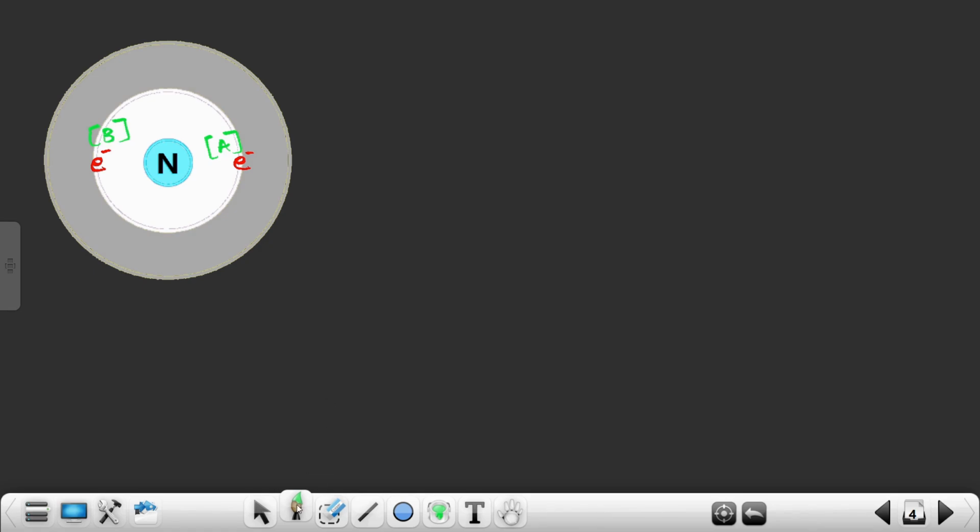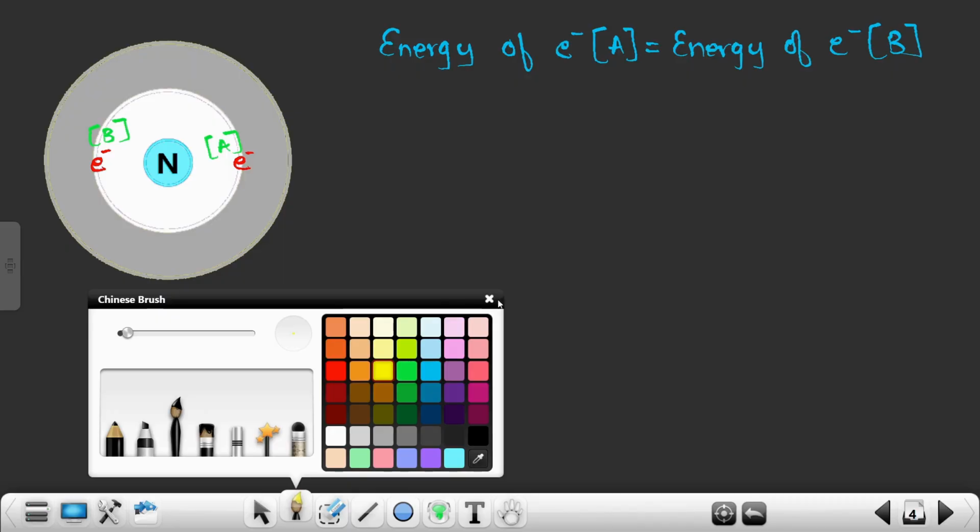What Bohr's law states is that the energy of electron A is equivalent to the energy of electron B. Let's assume that the innermost shell has an energy of around 1 electron volt.